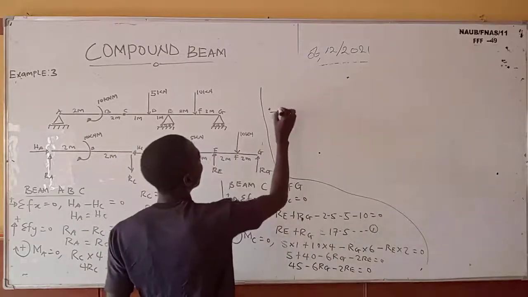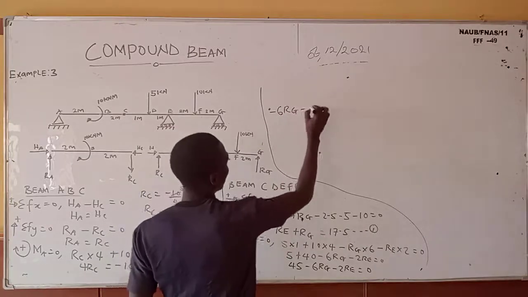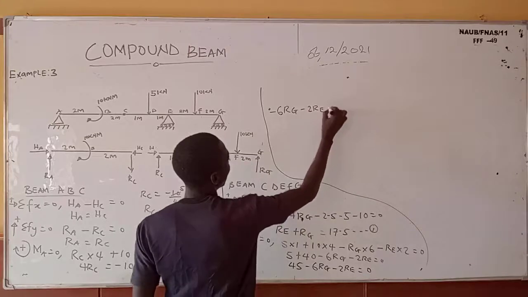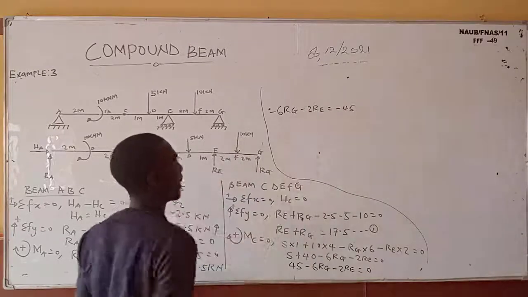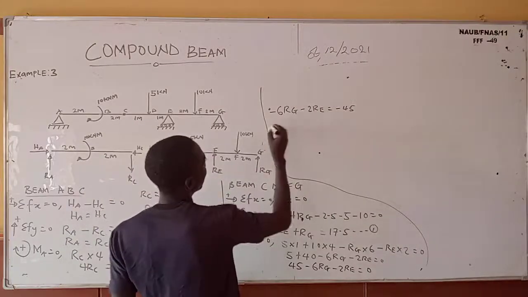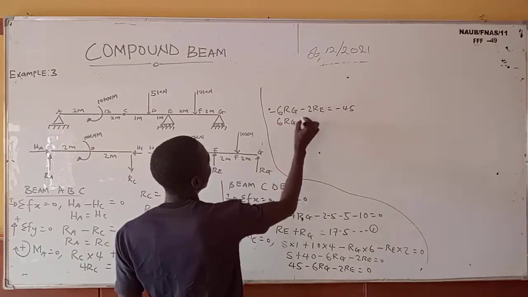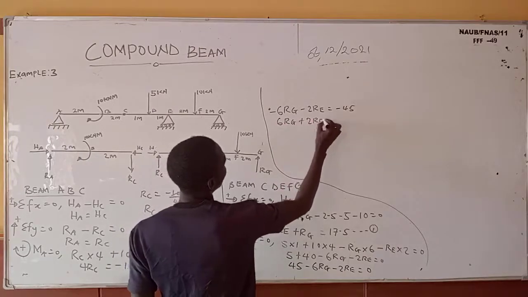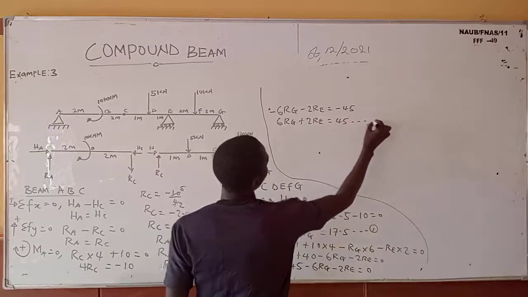So we are going to have minus 6 ROG minus 2 ROE equals to what? Minus 45. We can multiply 2 by minus, right? So if we multiply 2 by minus, we are going to have 6 ROG plus 2 ROE equals to what? 45. Equation what?